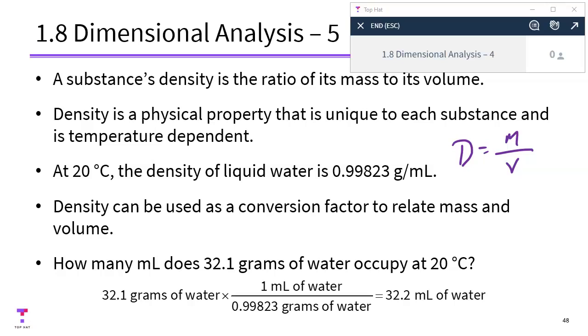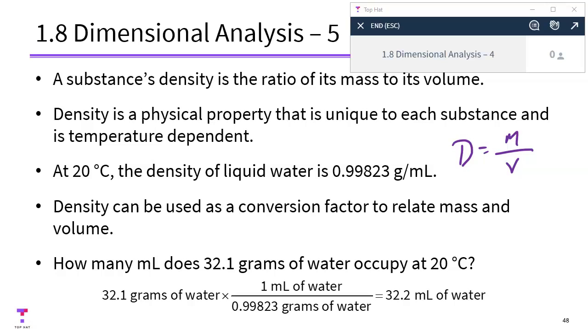But what we have to understand is that this density equation also can be interpreted like we would dimensional analysis, as a mass divided by a volume that are equivalent to each other. This object has a mass of 33 grams and a volume of 17 milliliters.